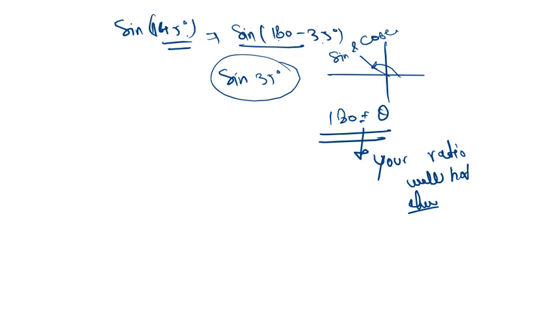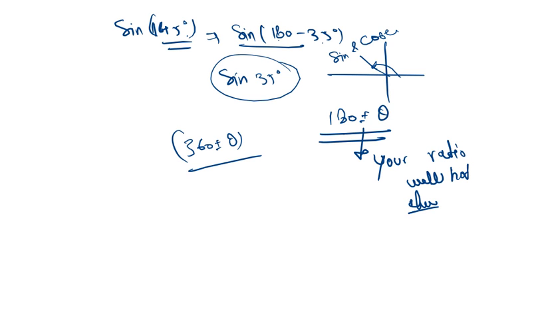But in case of 180 plus or minus theta, it will not happen. The same is the case with 360 plus or minus theta: sine will not change to cos and cos will not change to sine. That change happens only in case of 90 plus or minus theta.